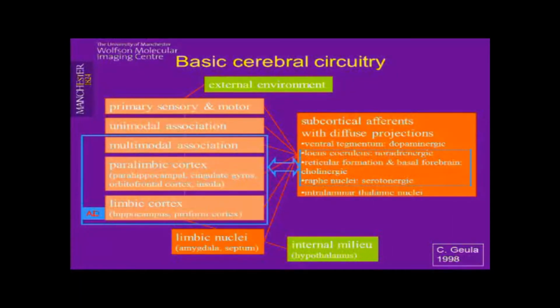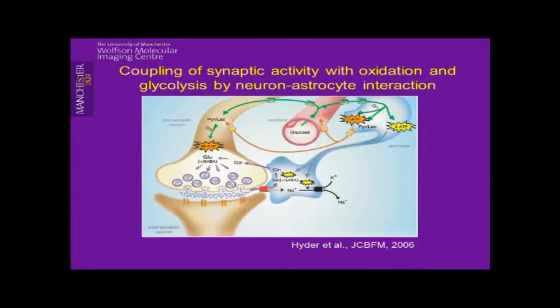And the fascinating thing is that with imaging, we actually can look at the interplay of these things. We use transmitter markers to look at these aspects, and look at functional imaging to look at what's happening on this side. So that's why multimodal imaging plays such an important role and what can be done with that.